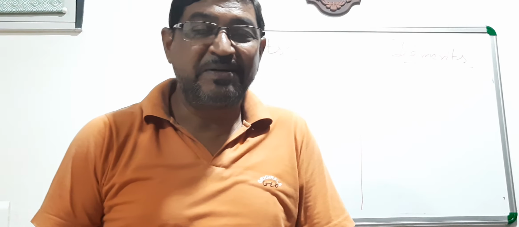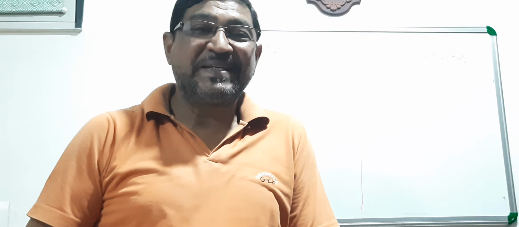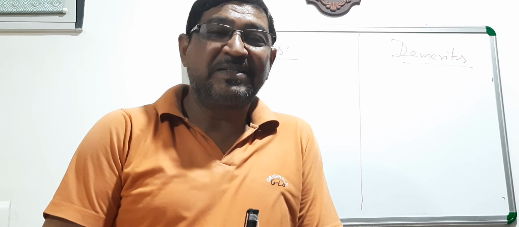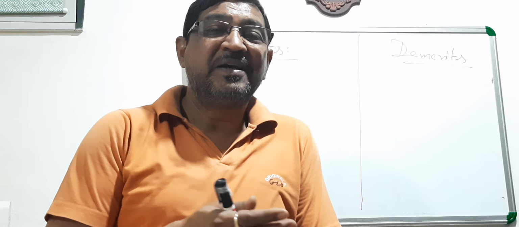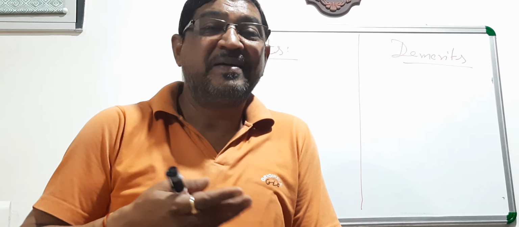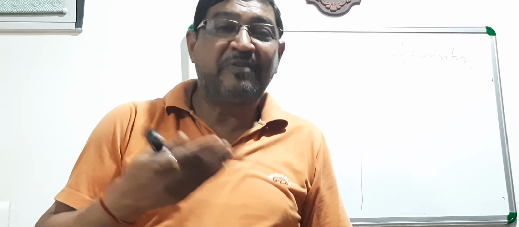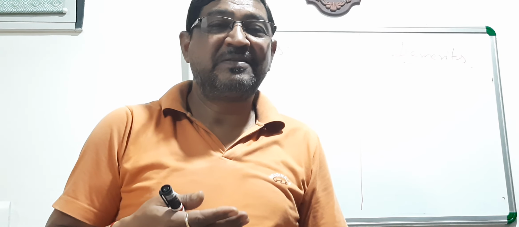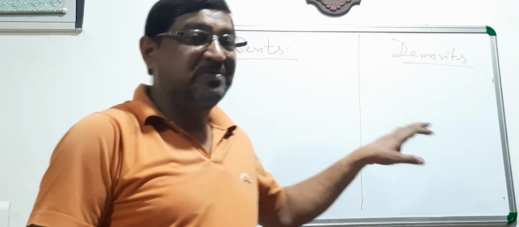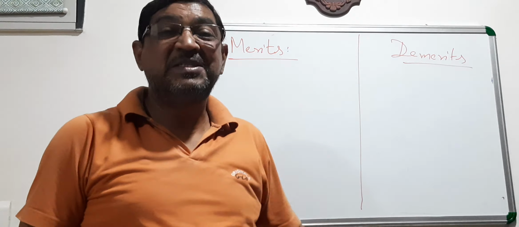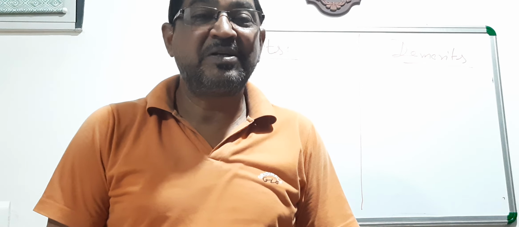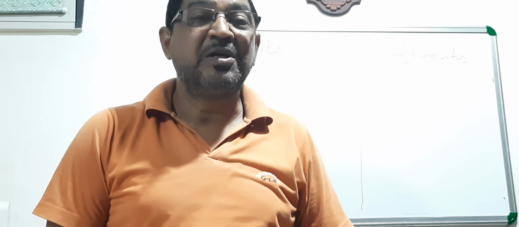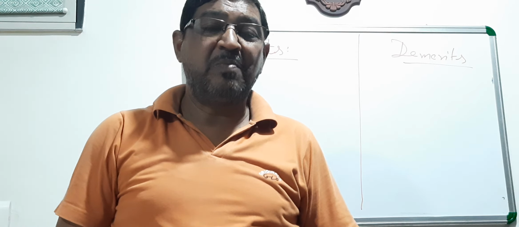If you talk about demerits, as compared to other techniques, other methods, here the time and efforts of plant breeders are required more. So this is a demerit, that the plant breeder has to handle a large number of population.